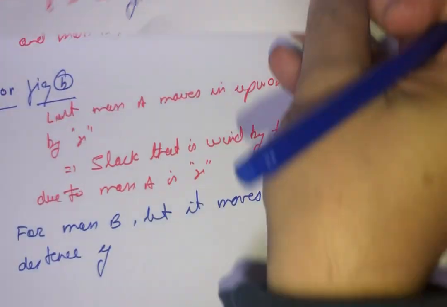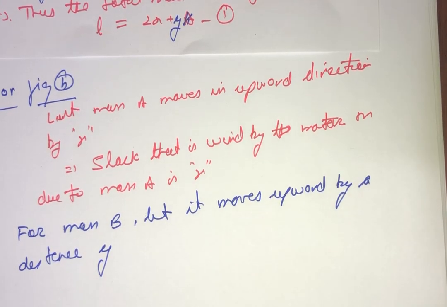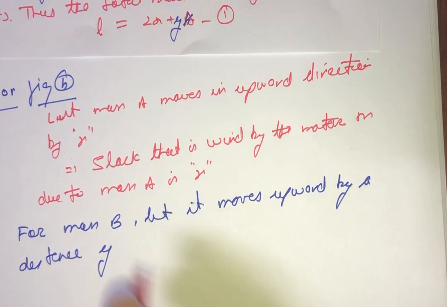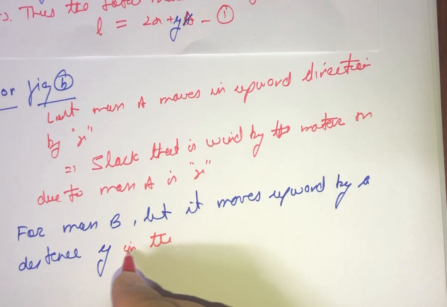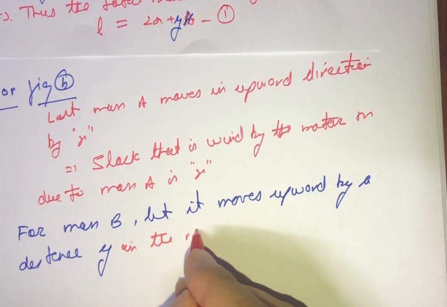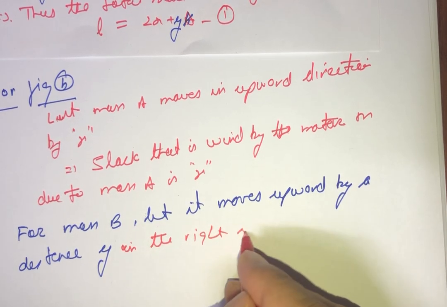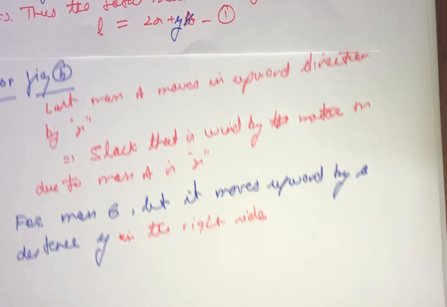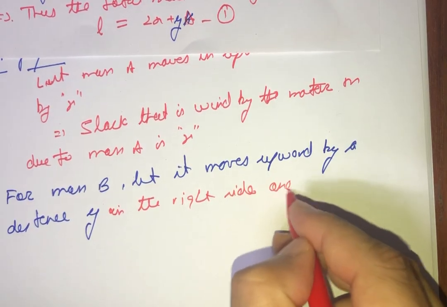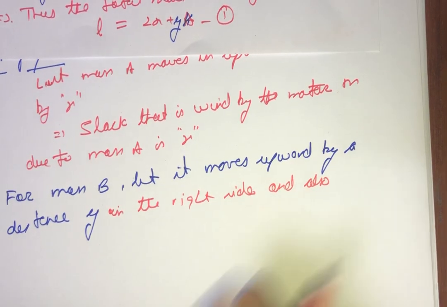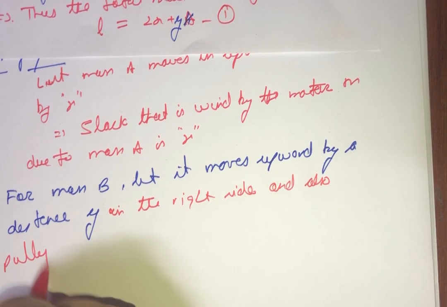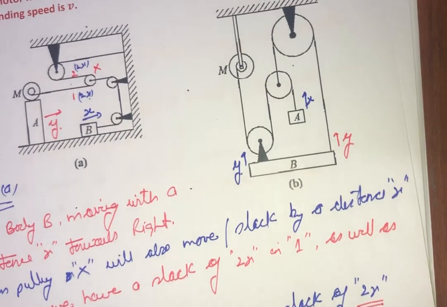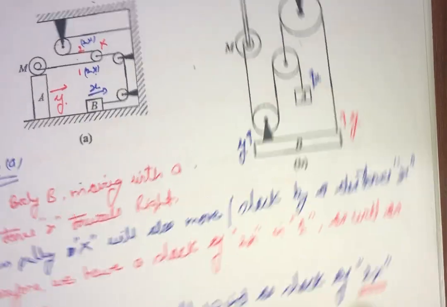So we can say it moves upward by a distance y on the right side, and also the pulley, let us call this pulley x.